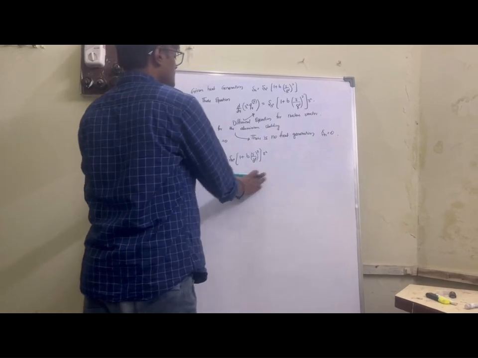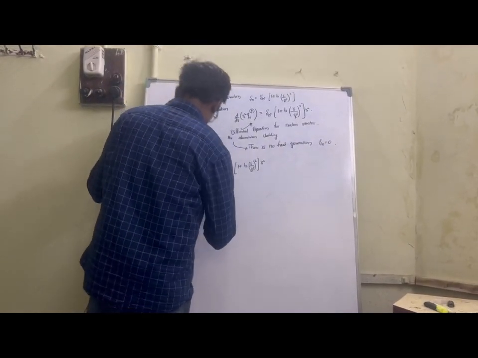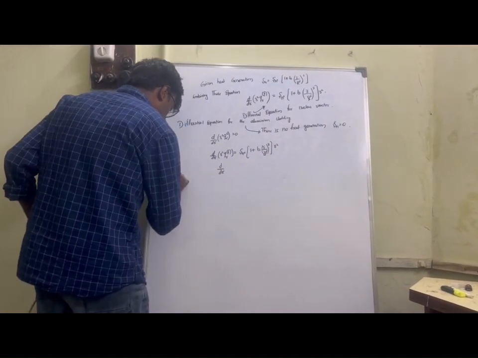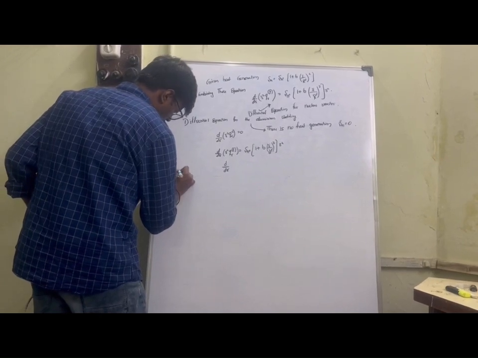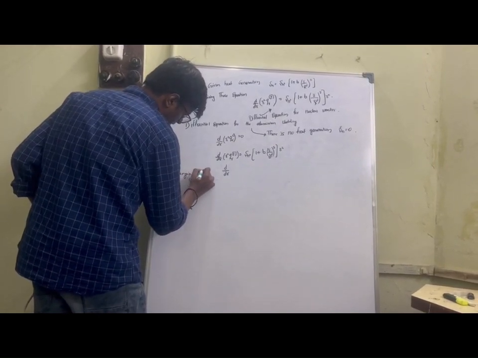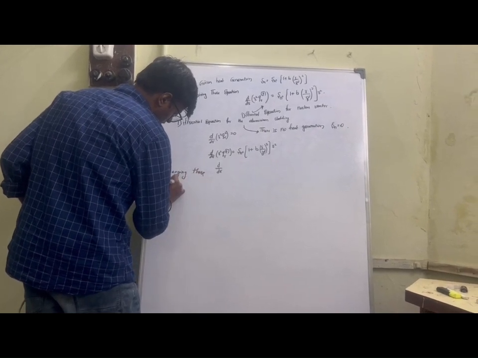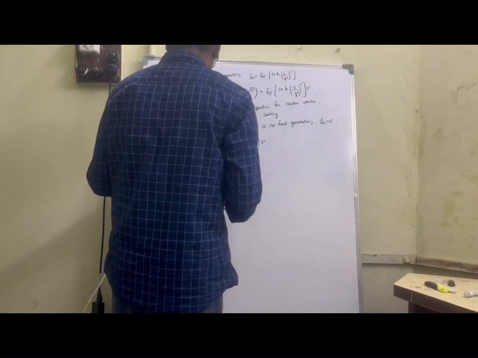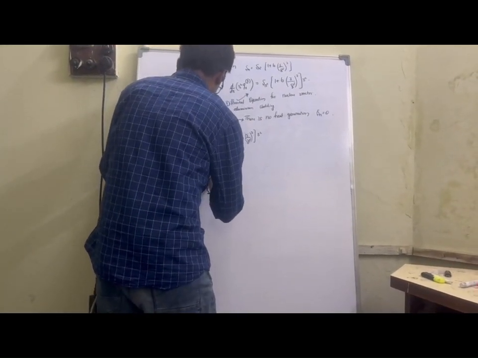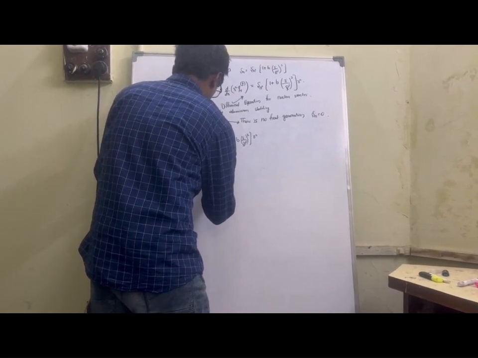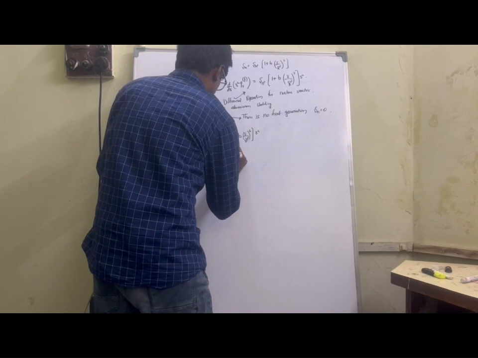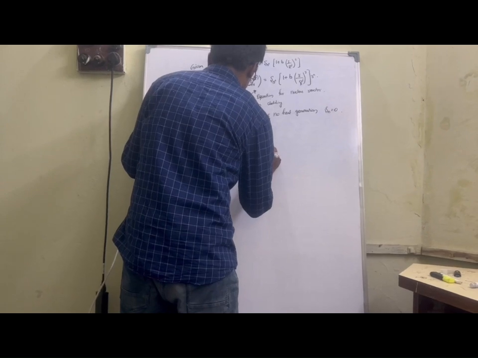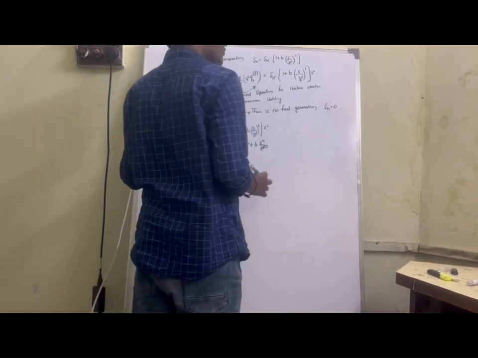Now rearranging this equation, d by dr of r square QRF is Sn naught r square plus B r to the power 4 by Rf whole square.